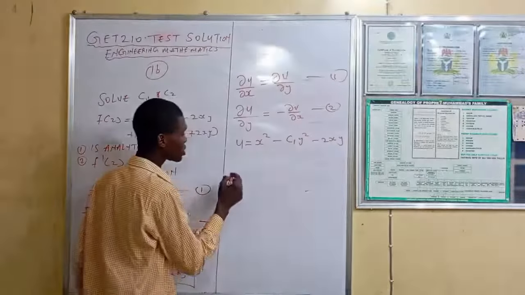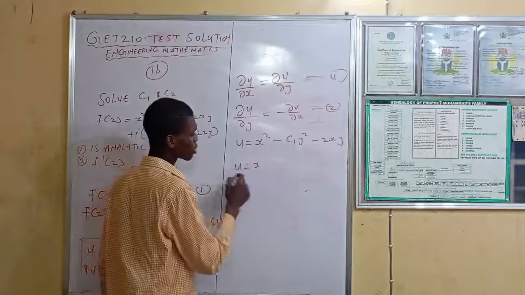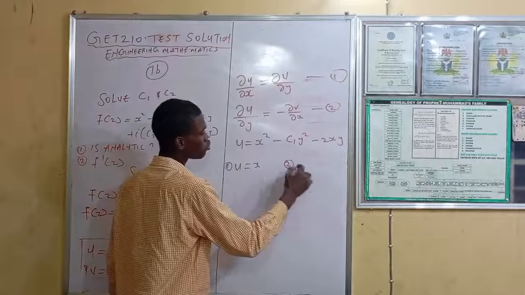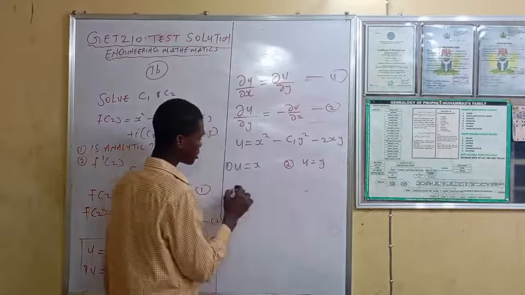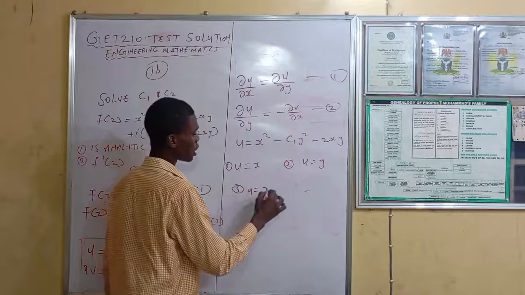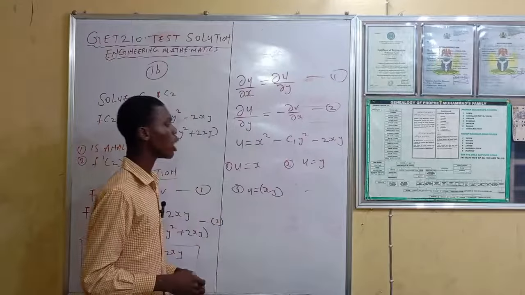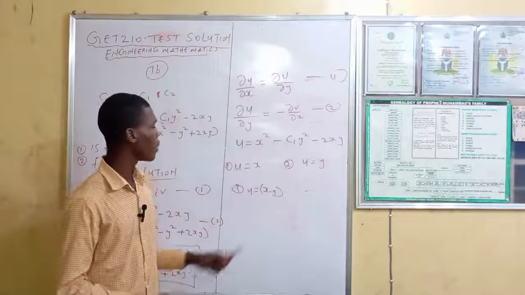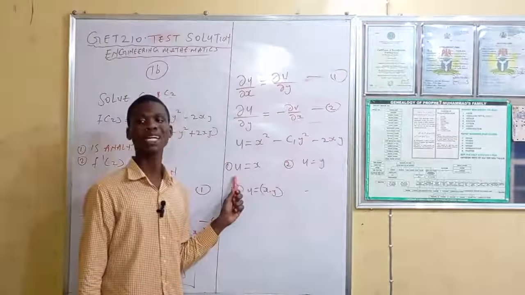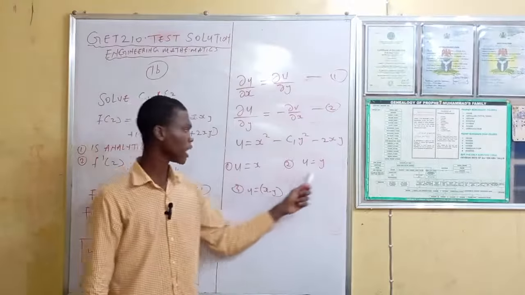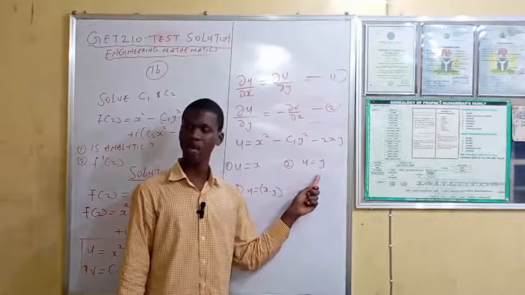Let's say, consider this. When u is equal to x, call this case 1. Case 2, when u is equal to y, and case 3, when u is equal to xy. 1, 2, and 3, they are different. By the time you differentiate, you are going to get du over dx here. By the time you differentiate, you are going to get du over dy here.